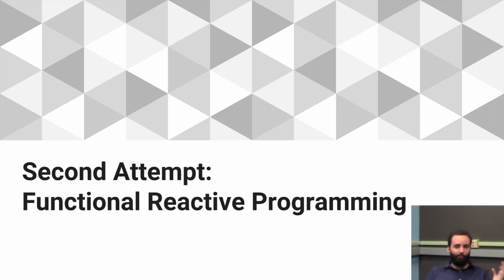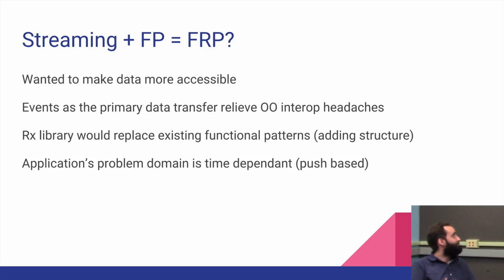And I was talking before about things like streams, and obviously streams and functional reactive programming come to mind after immersing myself in the functional world for 2 years. So I was like, oh, this seems like an obvious choice. I wanted to make data more accessible, and replace a lot of the patterns I'd worked with.